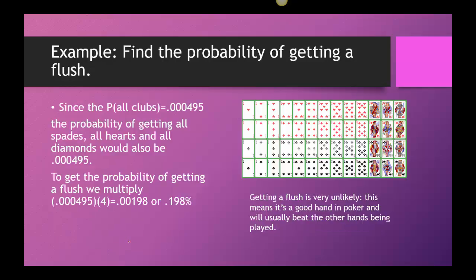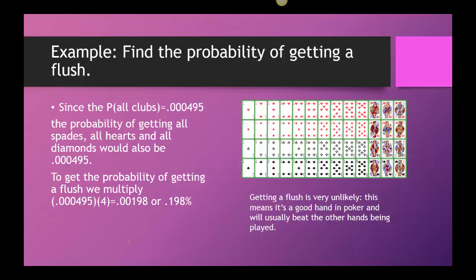Okay. So let's check this out just a little bit farther and find the probability of getting a flush. The last example I did was find the probability of getting all clubs. But a flush could also be all spades, all diamonds, or all hearts. They all have the same probability, 0.000495.